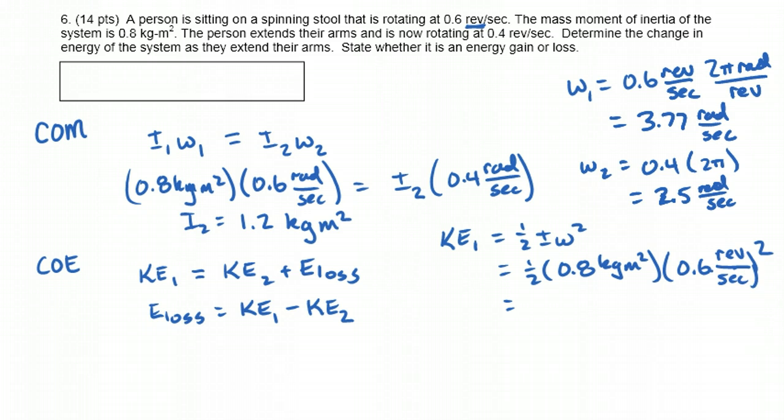Alright, so need to be careful with units. I'll get this changed up here. So that has to be omega 1, radians per second, and this is 3.77. Okay, that number will be 3.77 squared times 0.8 divided by 2.